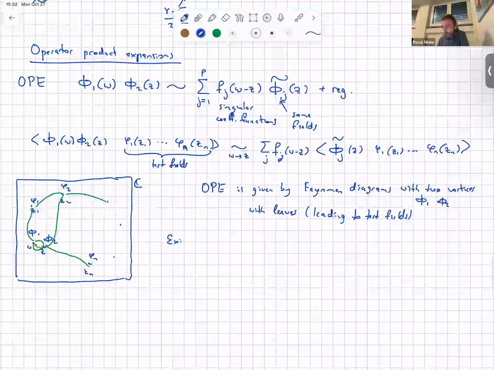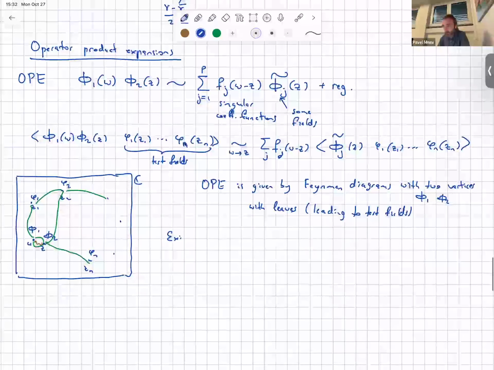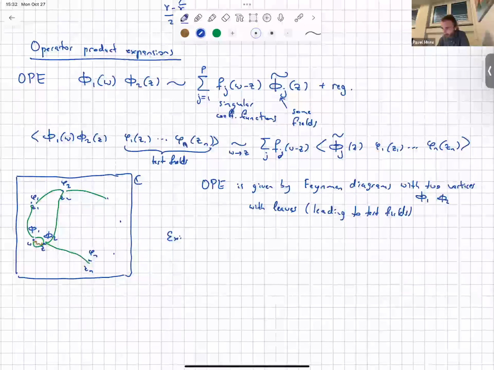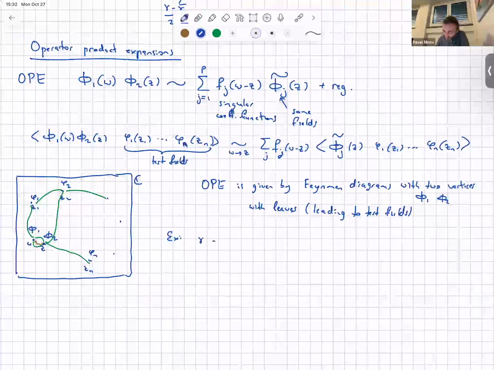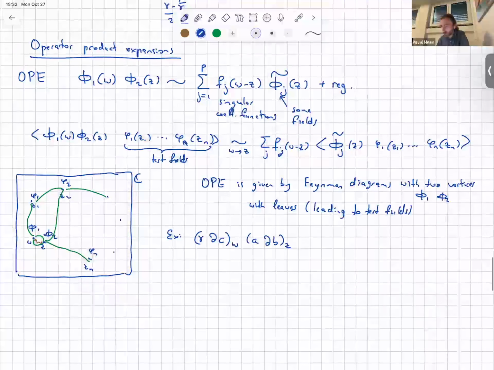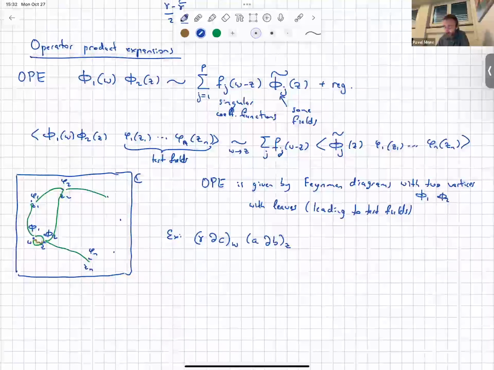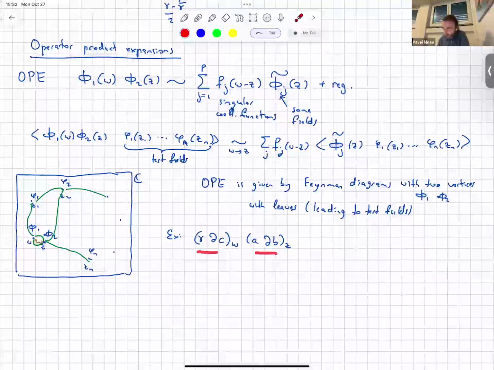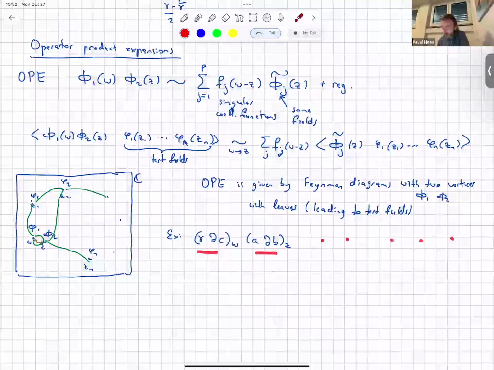For example, let's do the following: gamma del C at the point W and A del B at the point Z. So what are the possibilities? I should imagine that this sits under the correlator with a bunch of test fields.